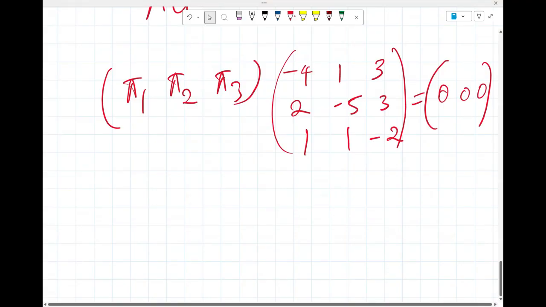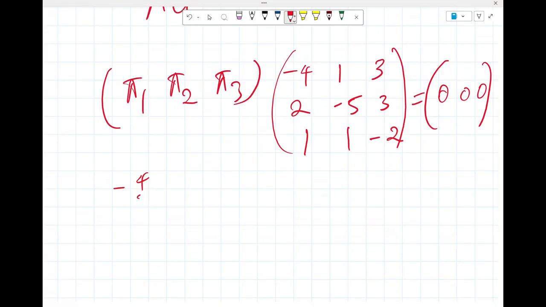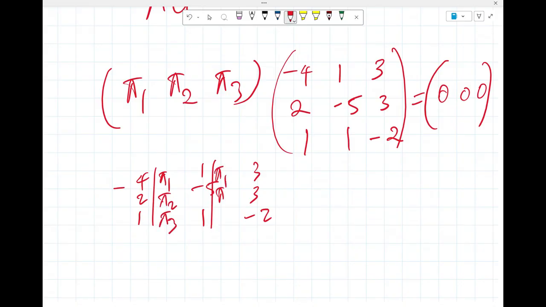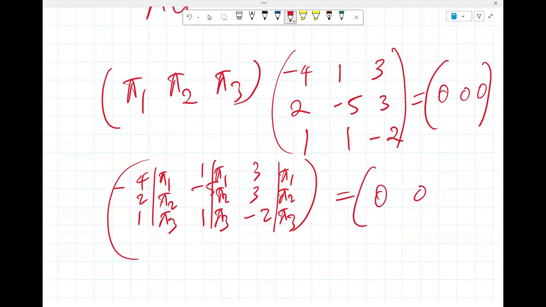Because you have just one row, you have minus 4, 2, 1, then 1, minus 5, 1, then 3, 3, minus 2, times pi 1, pi 2, and pi 3, and this is equal to 0, 0, 0.